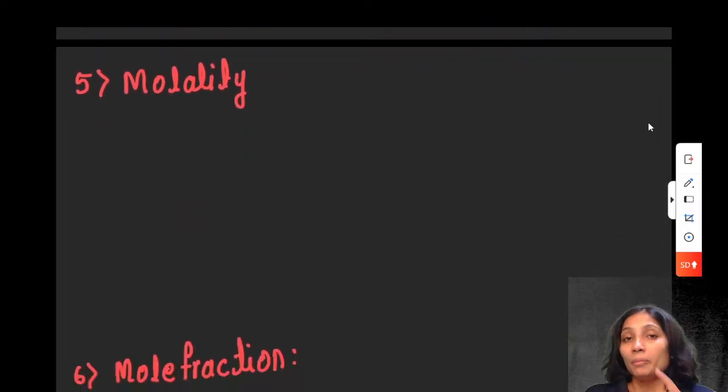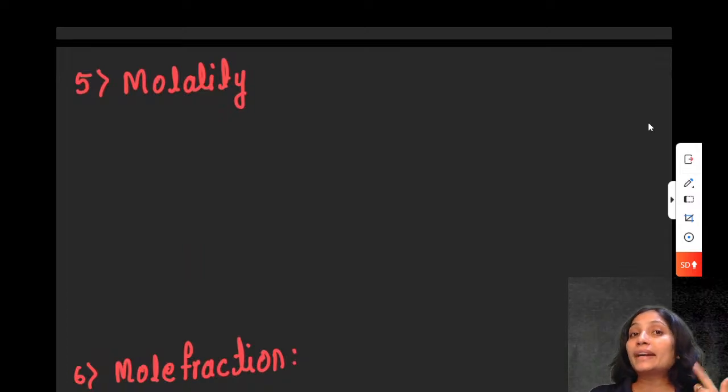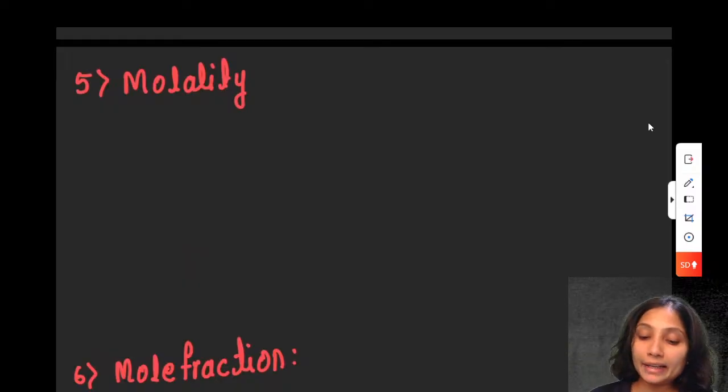Molality. The previous one was molarity. The third concentration term which we have studied was molarity, and this one is molality. What is the difference between molarity and molality?